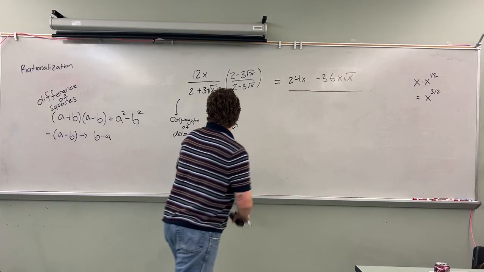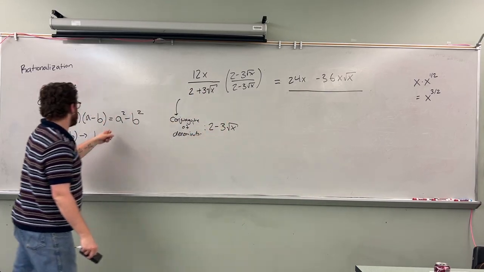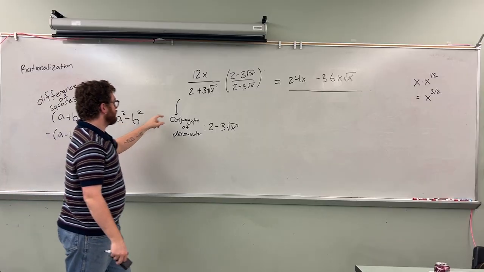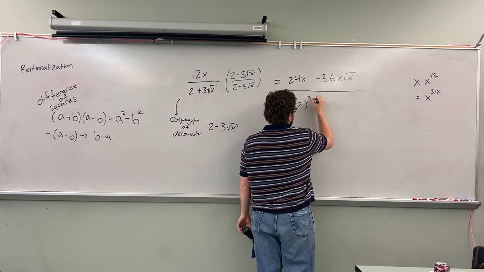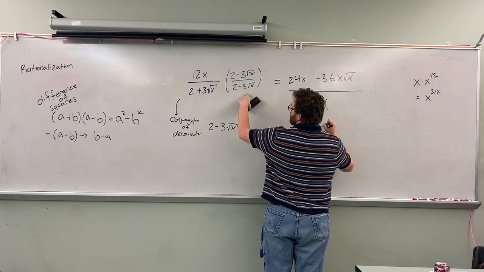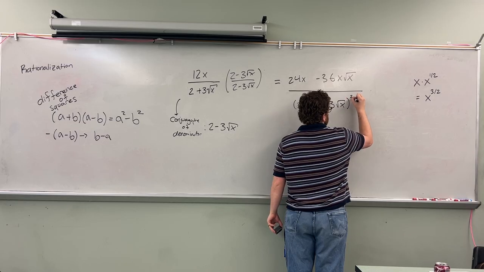The bottom, a plus b times a minus b is a squared minus b squared. So a is 2, 2 squared minus b is this, 3 root x squared.